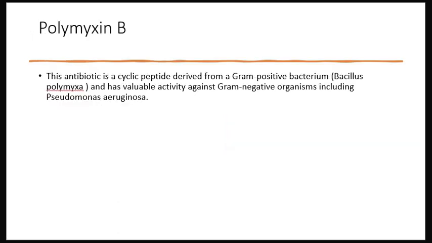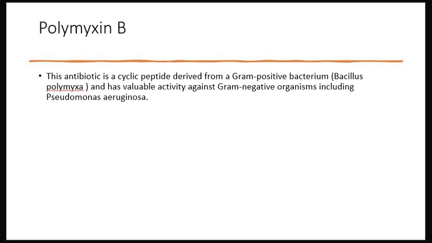The third antibiotic is polymyxin B, and polymyxin B is active against both gram-positive and gram-negative bacteria, and it comes in the market with the name of Polyfax. And Polyfax has two antibiotics, bacitracin and polymyxin B. Bacitracin is active against gram-positive bacteria, and polymyxin B is active against both gram-positive and gram-negative bacteria.